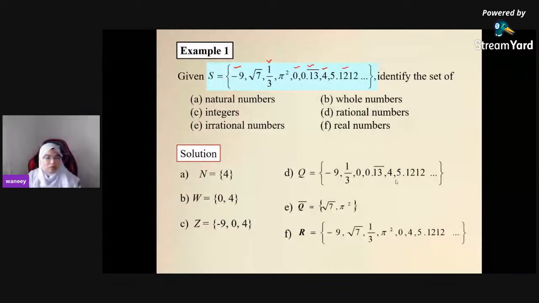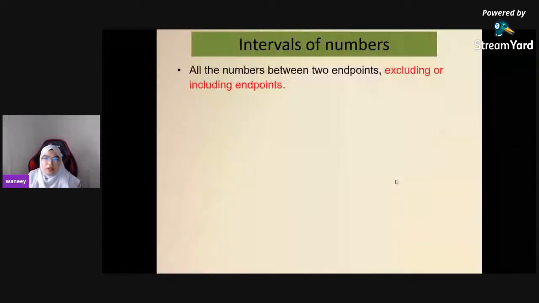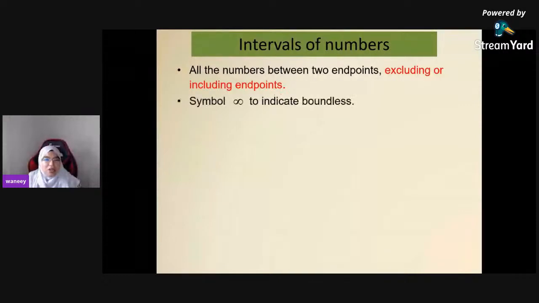Okay, so now the next one. Okay, so interval of numbers, so all the numbers between the two endpoints, excluding or including endpoints. So we have two types, either you include the endpoint or you don't include the endpoint. So later on, I'll teach you better about this. Okay, so this is called infinity. So this symbol is to indicate boundless.